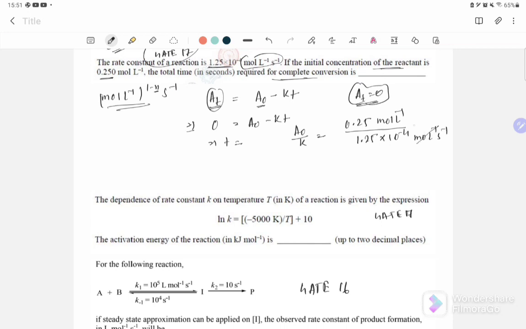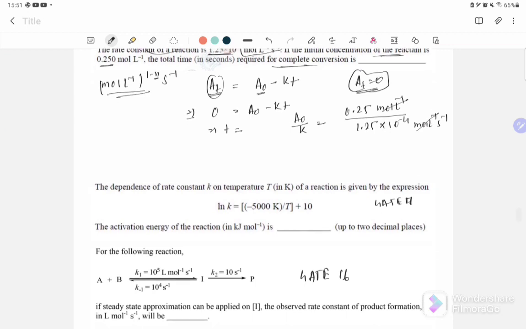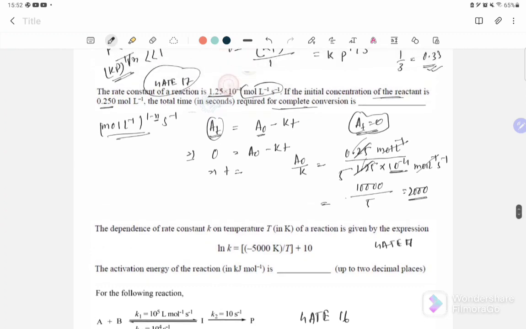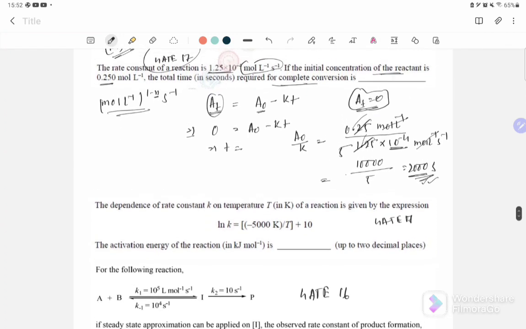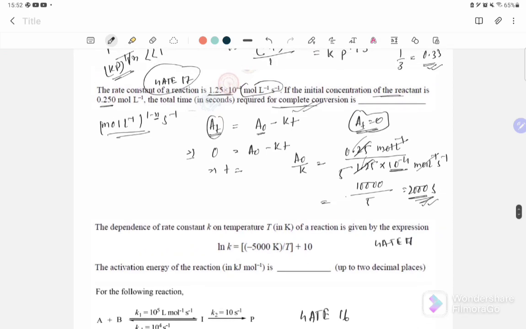So mole liter inverse cancels out, leaving only second inverse. If we calculate this, the 10 to the minus 4 goes upside, divided by 5, so that will be 2000 second. This is the time required for the complete conversion of the reaction, so our answer is 2000 second.